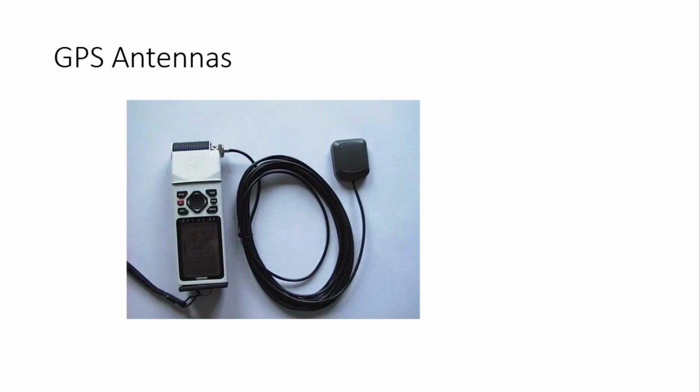GPS antenna. This GPS antenna is used in our GPS phone or in our car to track the status of the motion of the car. This GPS antenna is a long wire antenna having a flat type of structure in a square shape, as shown in the figure.